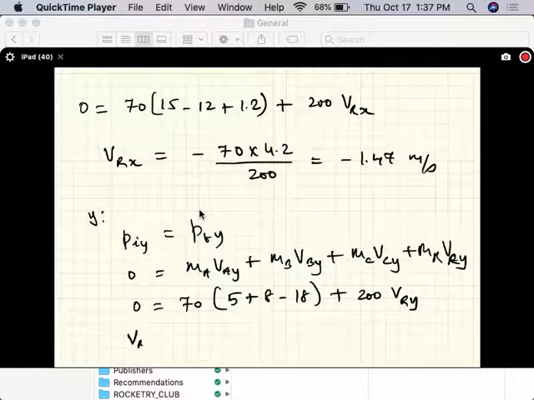Okay, so VRY is, so that's minus 10 minus 5, 70 times 5 divided by 200. And that's 5 goes, that's 40, and that's 1.75. 70 divided by 40 is 1.75.